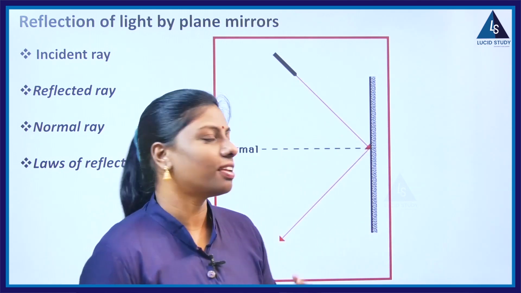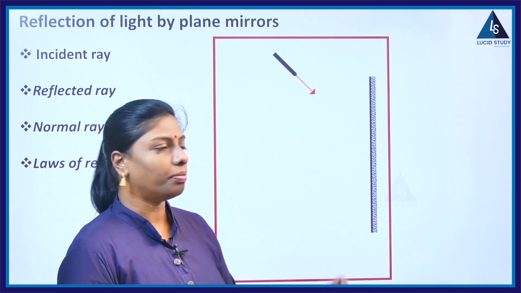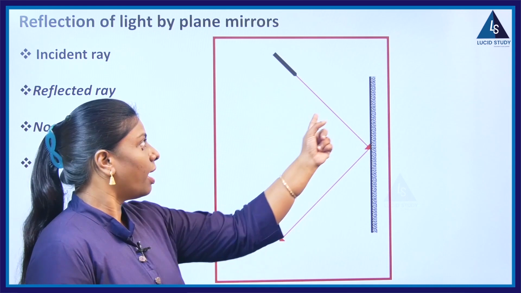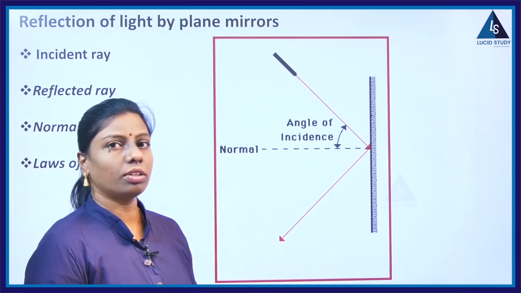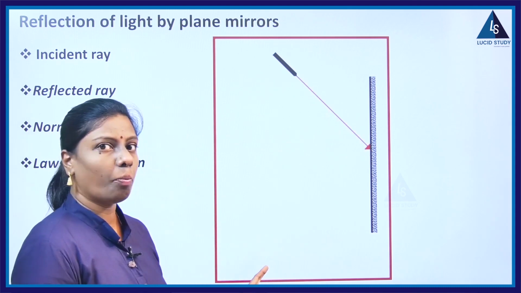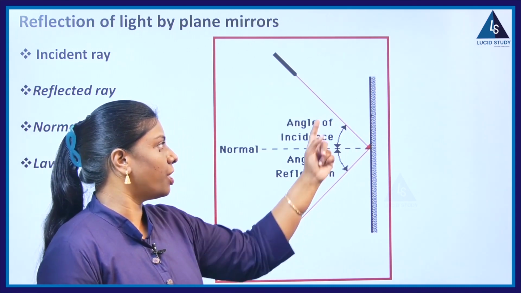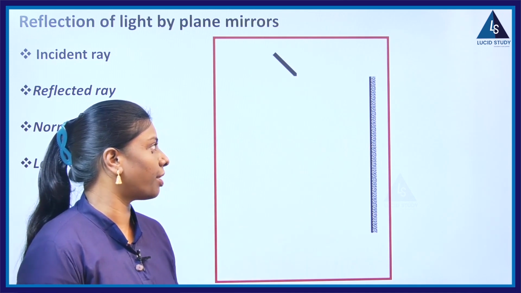See this picture. Here is a plane mirror. A light ray is incident onto the surface and it is getting reflected back. This is the incident ray, this is the reflected ray.